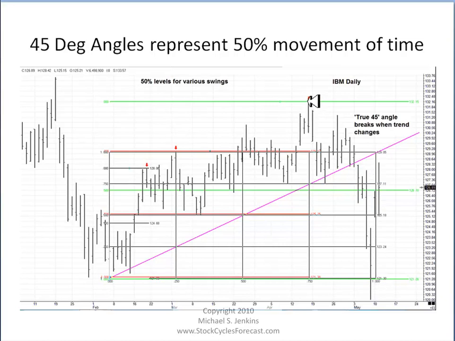We also start to see the patterns here, lower low, lower high, and we start making lower highs by the time it breaks. So a 45-degree angle can often be used as a timing point when it's drawn correctly and the angle breaks. Then you do get a change in trend if you have a properly drawn angle.